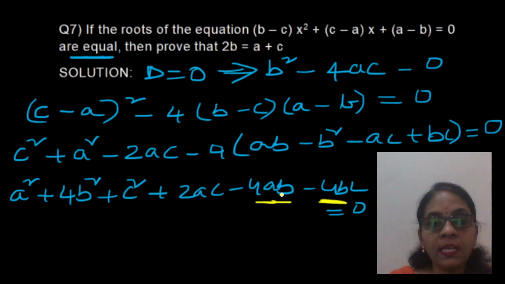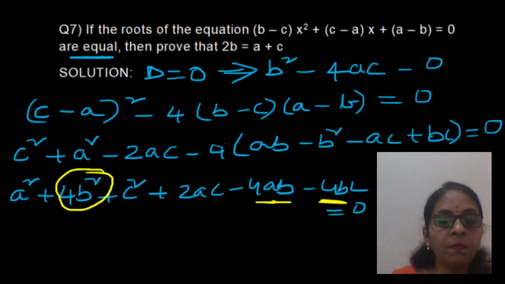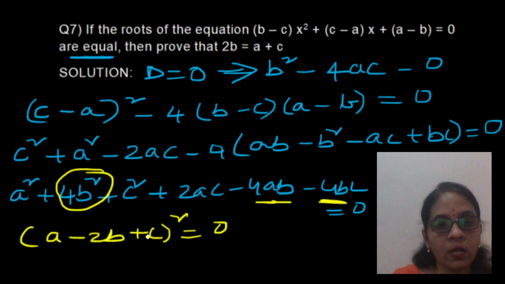So obviously b will be negative, and here 4b square is 2b whole square. So now your expansion is (a minus 2b plus c) whole square is equal to 0, which makes a minus 2b plus c is equal to 0.